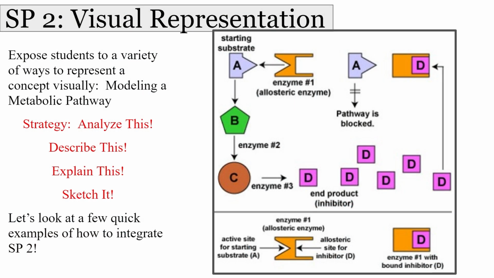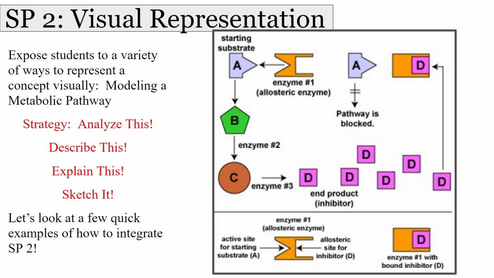Metabolic pathways, again, show them a pathway, analyze this, describe this, explain this, sketch this. This is great. This particular illustration I love because it has an enzyme that has both an active site and an allosteric site. And this is a really good illustration of how the end product of a metabolic pathway can serve as an inhibitor of the enzyme.